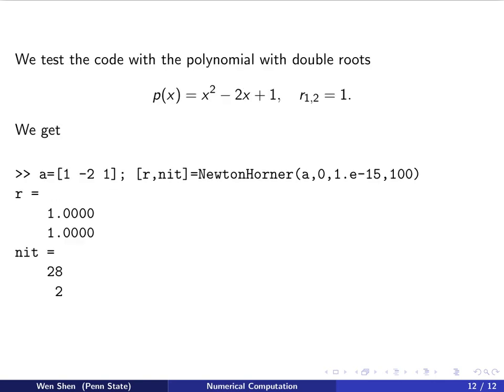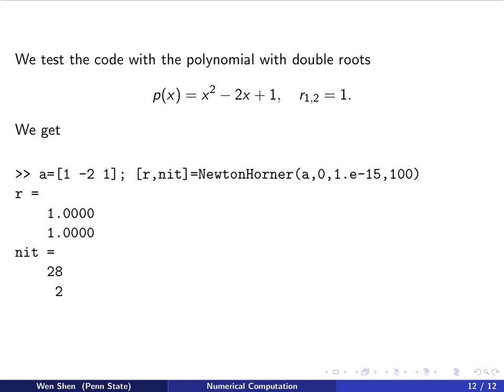Now let's run some tests. We test the code with a polynomial with a double root. So p is just x squared minus 2x plus 1, and we know the two roots here are 1, because this is just x minus 1 squared. So it's a double root.